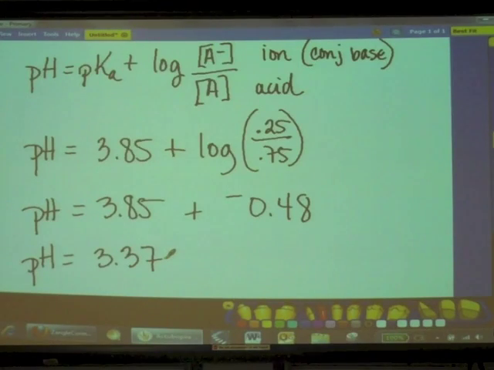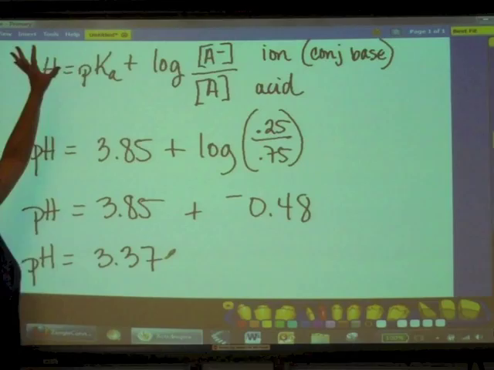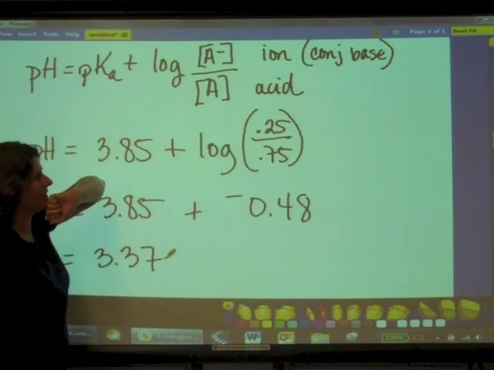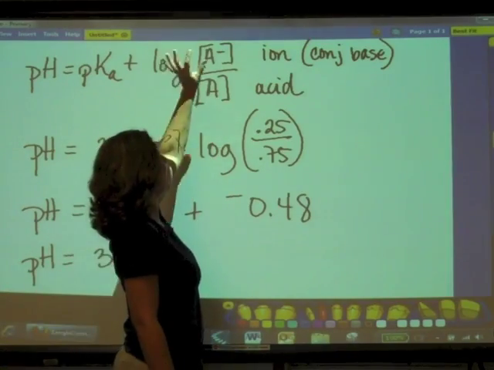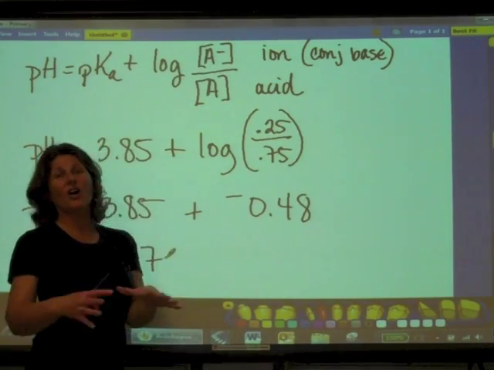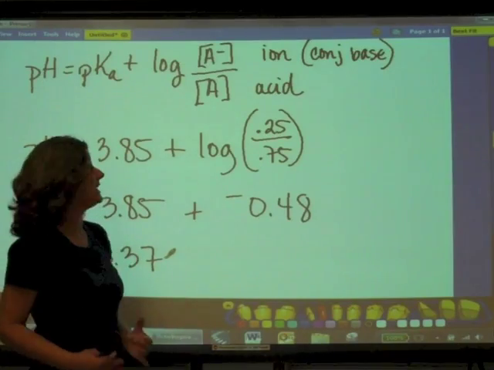Okay, now, the real context in which you would use the Henderson-Hasselbalch equation is if you were asked, you want to keep this certain pH, so you've got a number for pH, you've got a number for pKa, you know the concentration of your acid, and it might ask what concentration of the salt do you need to have.